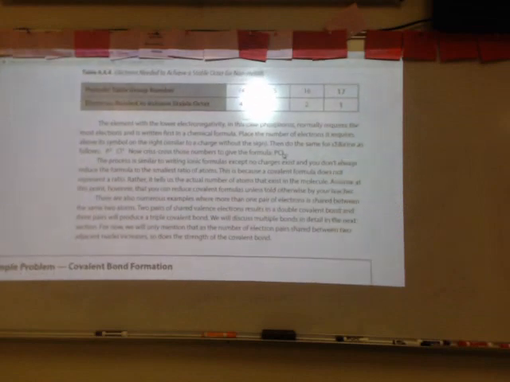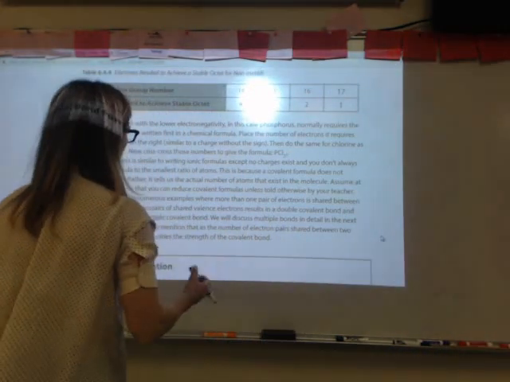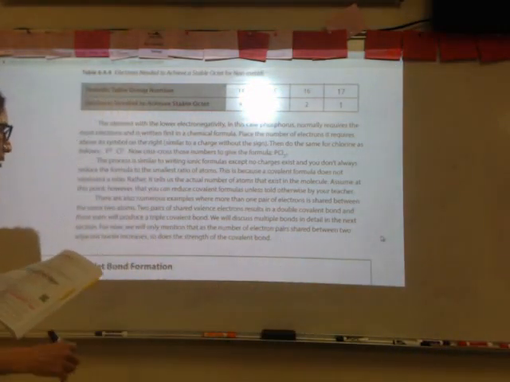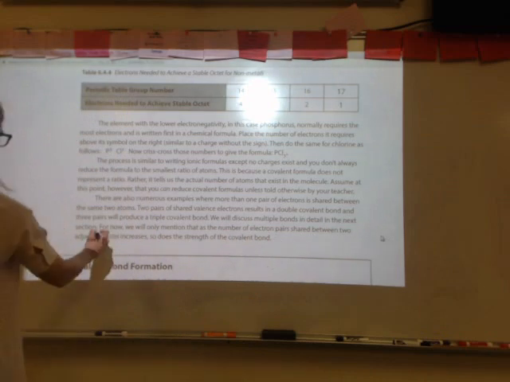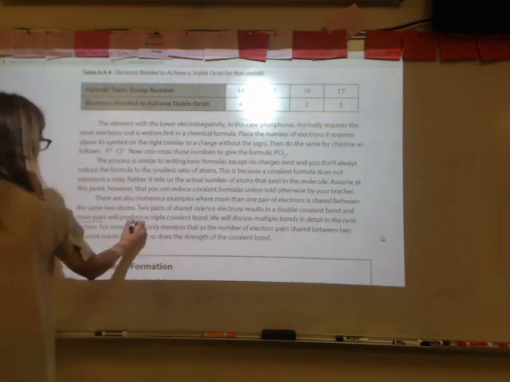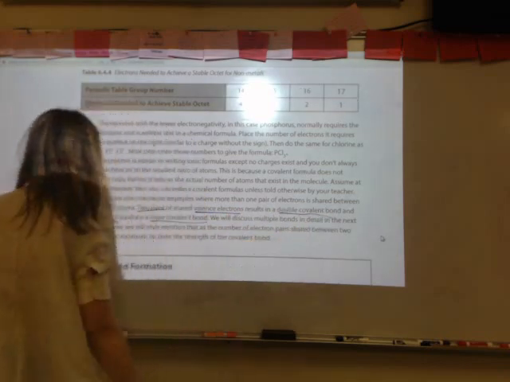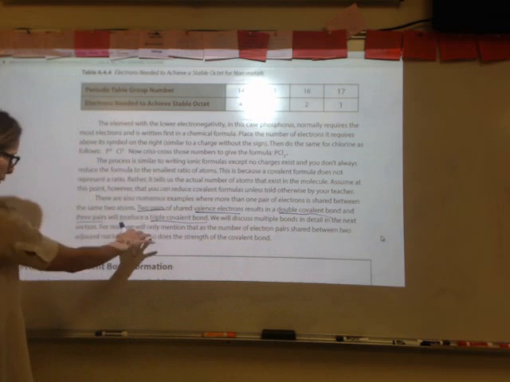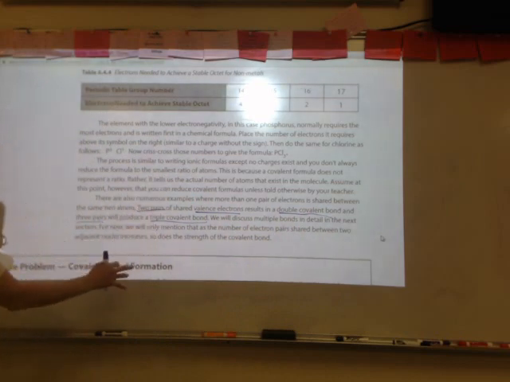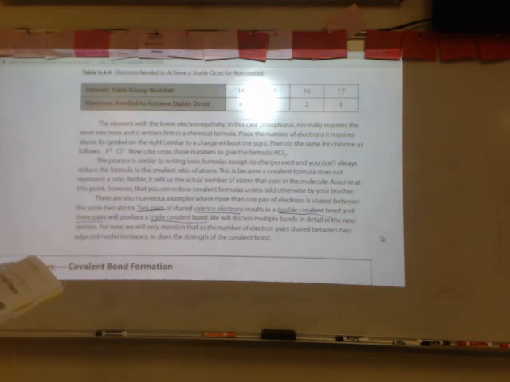A double bond would use two pairs, and that would be stronger than a single bond. A triple bond uses 3 pairs of electrons. Triple bonds are the strongest of those 3 types of bonds, single, double, or triple, and they're also the shortest, and the single bonds are the longest.